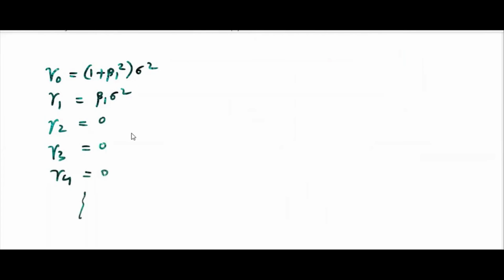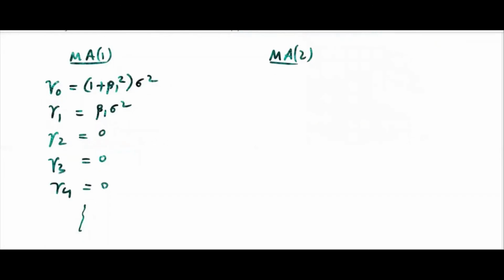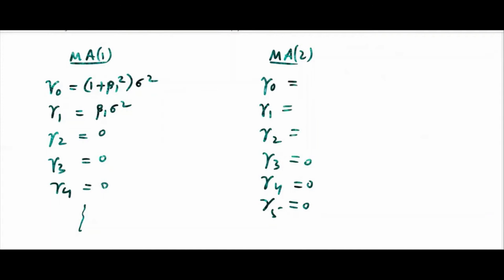It will continue. Even if you consider the MA2 process, this is MA1. In the MA2 process, you will observe gamma 0 will be something, I'm not writing that here, and gamma 2 will be something. But from gamma 3, gamma 4, gamma 5, all will be 0. So you will get values only up to there.